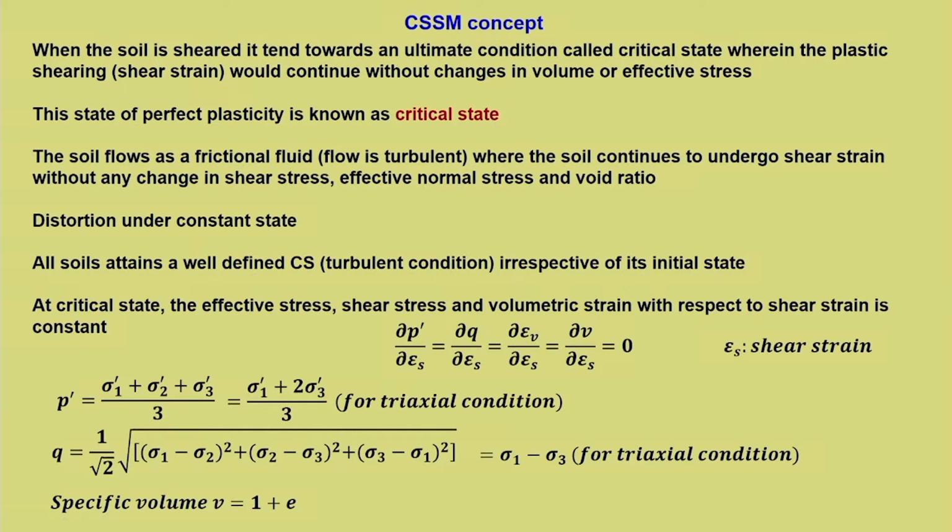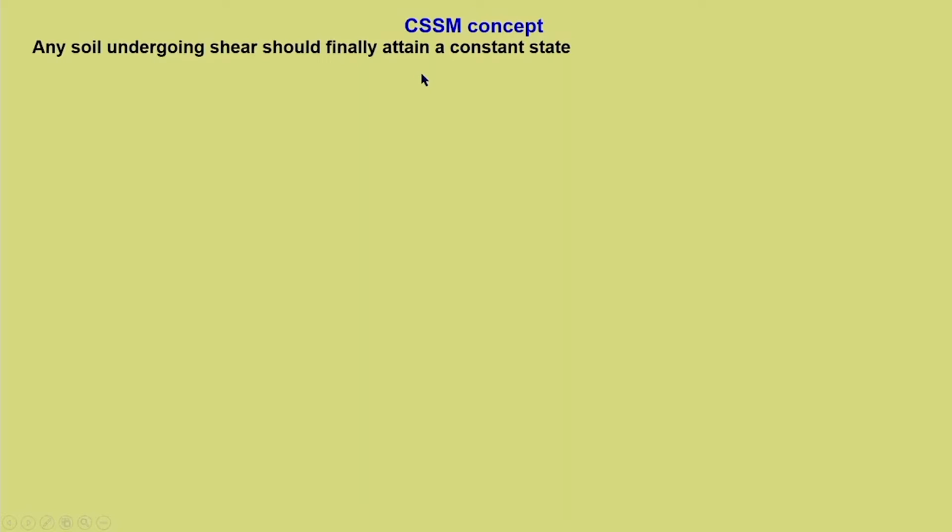The specific volume is defined as the volume of soil containing unit volume of solids. If you remember the unit solid volume model, 1 plus e is the total volume in which the solid volume is considered to be 1. So any soil undergoing shear should finally attain a constant state.